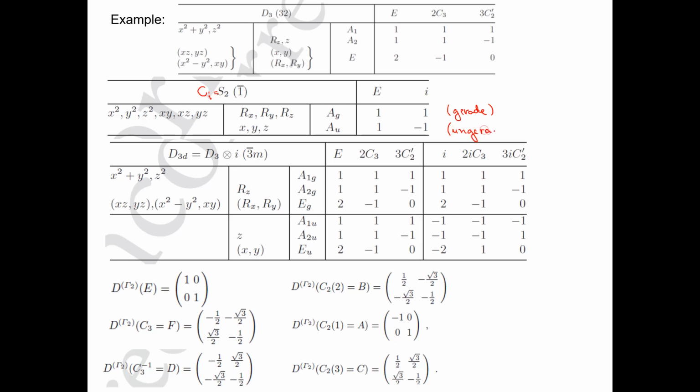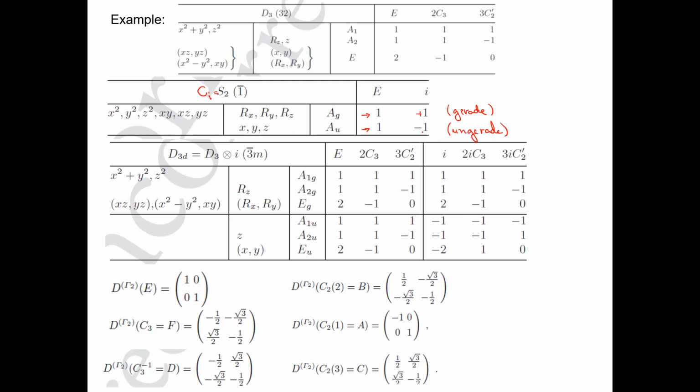Okay, so whenever you see an index U or G, you know that you have an odd or an even representation under inversion. So you can see the characters here. For the even representation, it's even under inversion, so it's +1 here, and AU is the odd representation, so it changes sign. The character is -1 under inversion.